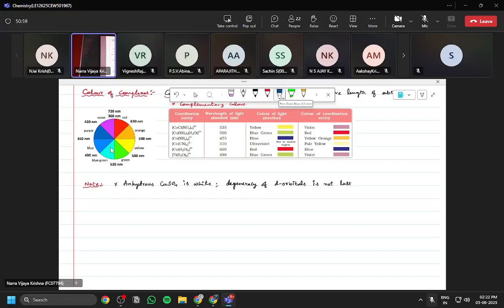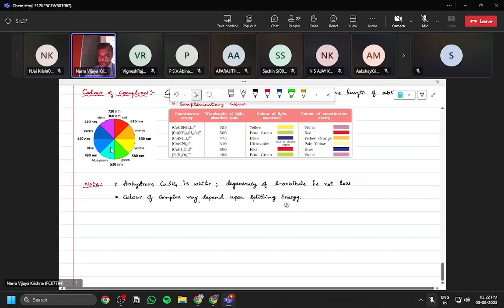That's why if the ligand changes, the color of the complex should change. It means the color of the complex depends upon ligand field strength. Correct? So I am writing that point: color of complex may depend upon the splitting energy, or we will say ligand field strength.